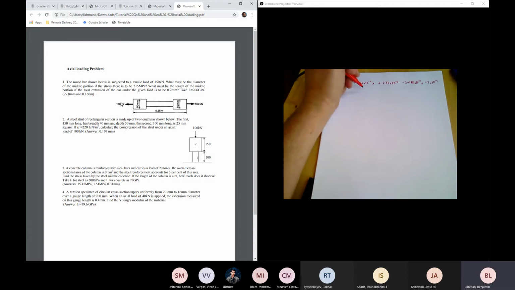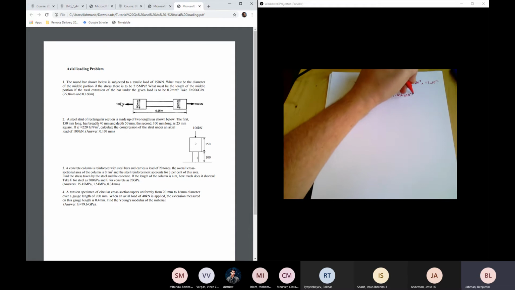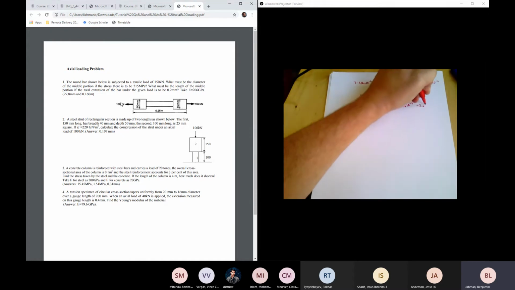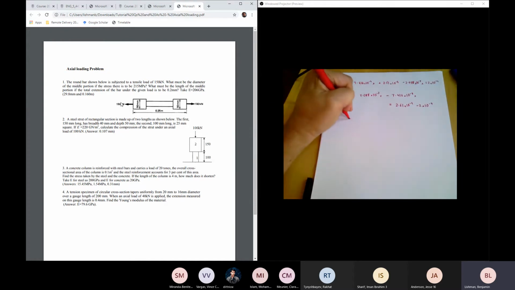So let's get the x terms to be 2.088 times 10 to the minus 3x minus 7.416 times 10 to the minus 4x equals 2.61 times 10 to the minus 4 minus 2 times 10 to the minus 4. And that will let me get to an answer now.